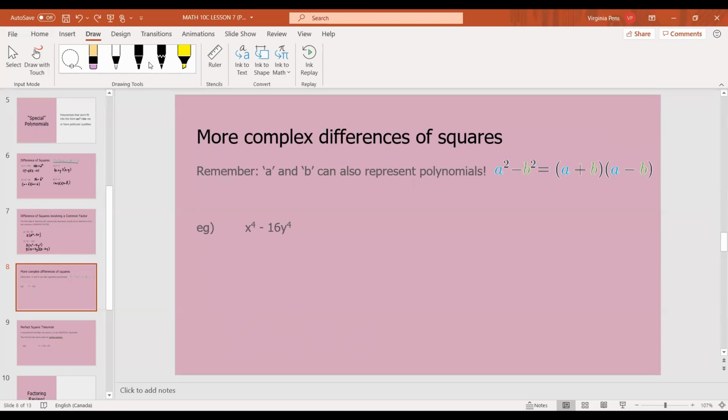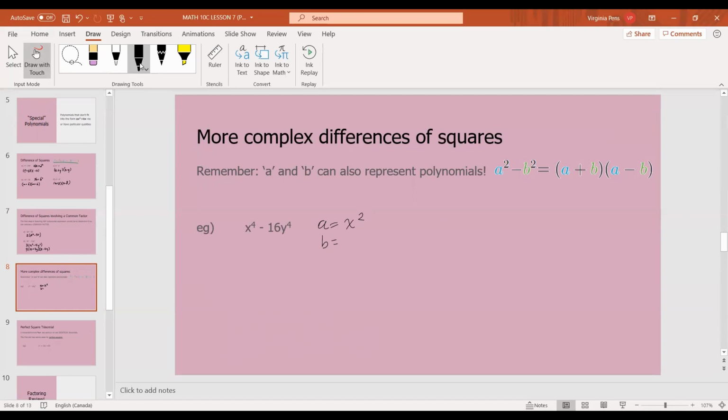You have x to the power of 4 minus 16y to the power of 4. So over here, you can think of this as, what has a been replaced by? Well, let a be x squared. A has been replaced by x squared, right? And b has been replaced by, what's this, 16y squared?